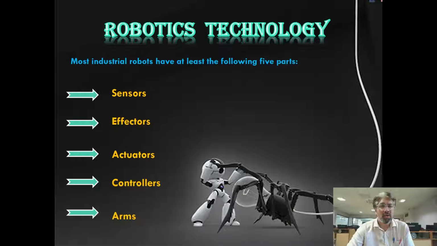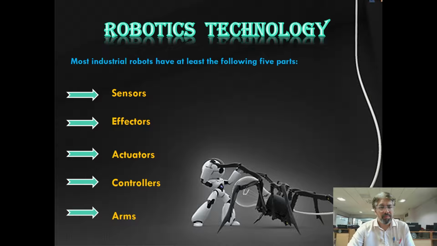The effectors are what effectively a robot does after performing the operation. Actuators are the ones which do the job of activating the effectors. It could be a simple switch or a relay. The controllers decide what a robot should do. The controller is basically the brain of a robot.